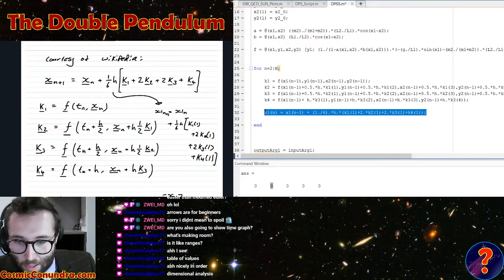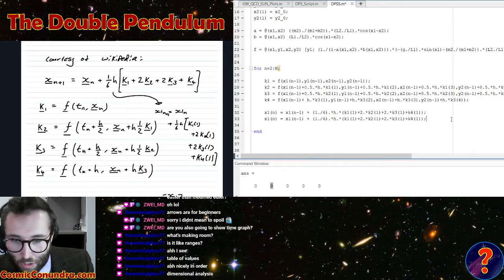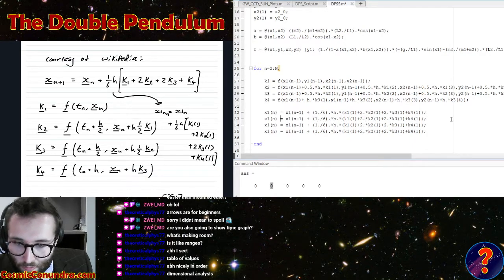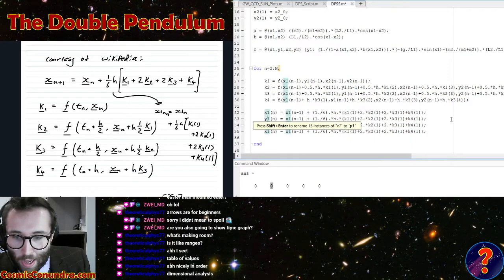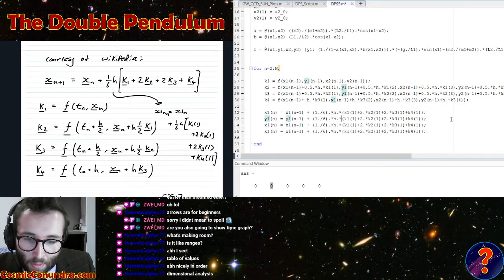And then it's the same thing for y1, x2, and the others, except now I've copied and pasted it to save some time, but I've now got to fix it. So now y1n is going to be y1n minus 1, plus now it's going to involve the second component of k1, k2, k3, and k4.